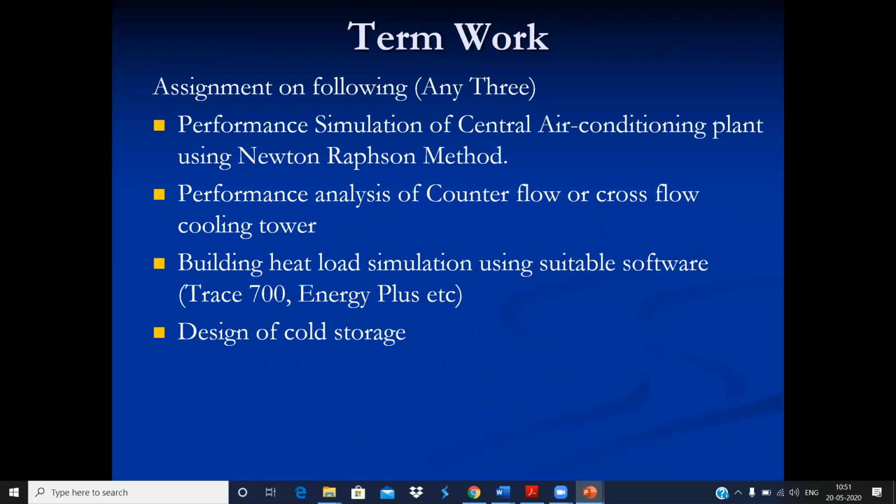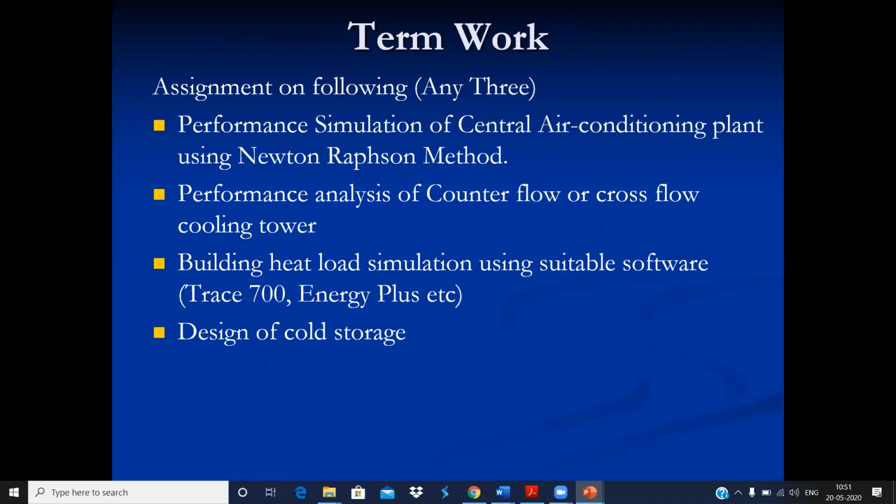As part of term work, there are 3 assignments. First, we perform a simulation of a central air conditioning plant using a numerical method, that is the Newton-Raphson method. With the help of a numerical method, we will see how we can analyze the air conditioning system and cooling load calculations.